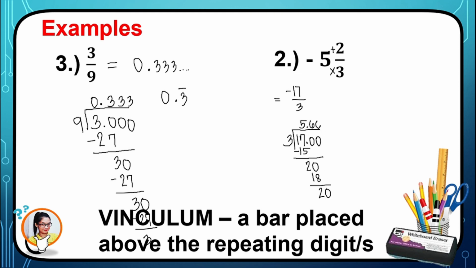As you observe, it keeps on repeating. Negative 5 and 2/3 is equivalent to 5.66666. Or we can round this off to the nearest hundredths. So this will be 5.67.